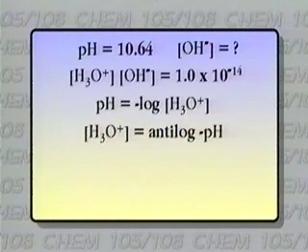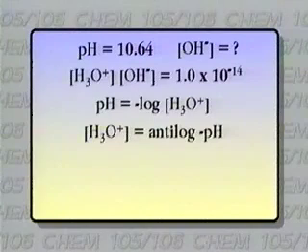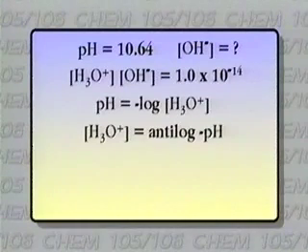In looking at this particular problem, we see that we're starting out with a pH. We want to find the hydroxide ion concentration. Well, if we look at it here, I could find the hydronium ion by using this equation here.